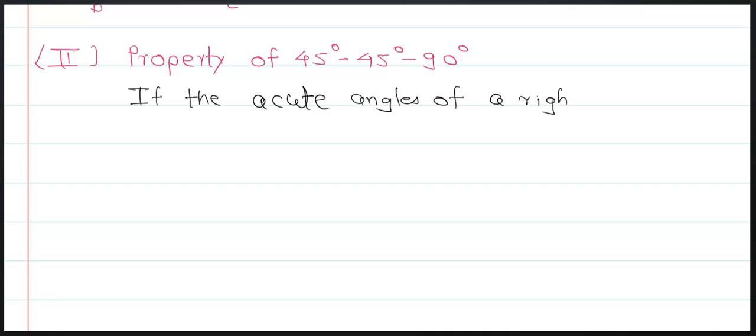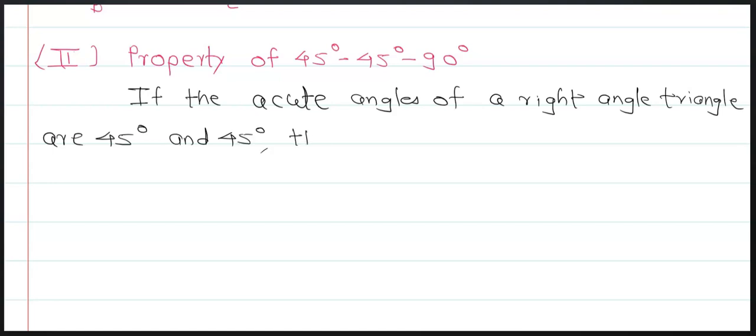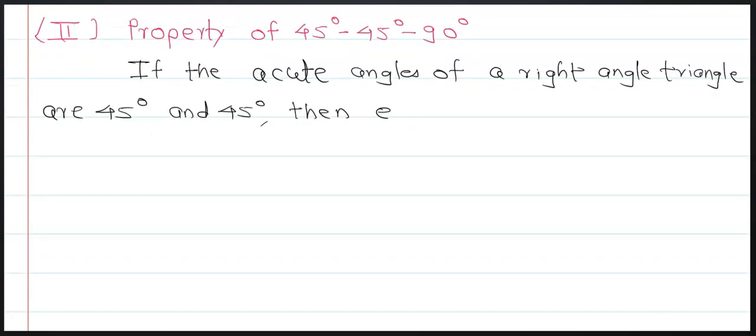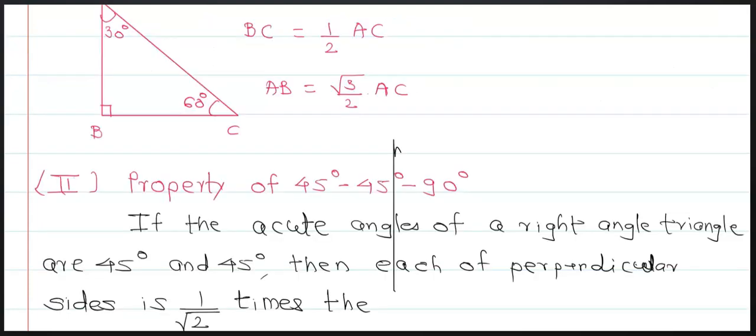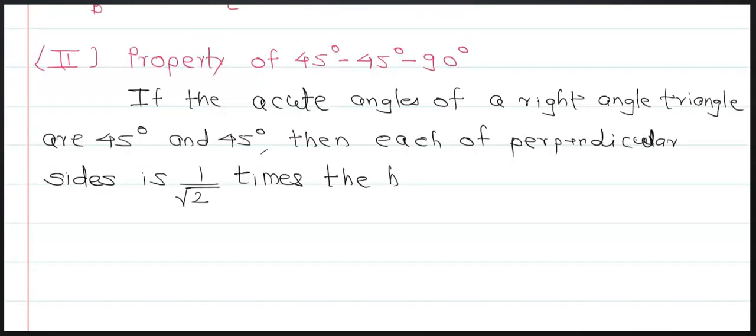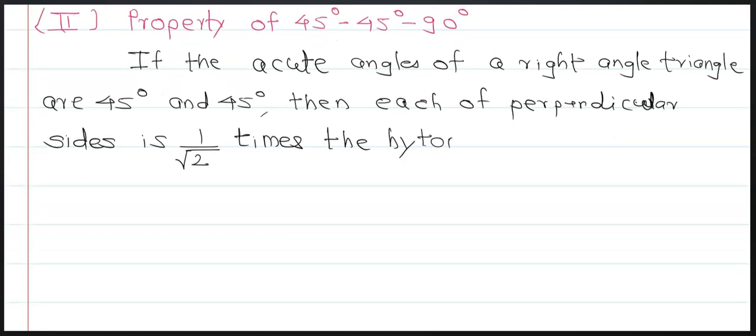If the acute angles of a right angle triangle are 45 degree and 45 degree, then each of the perpendicular sides is 1 upon root 2 times the hypotenuse.